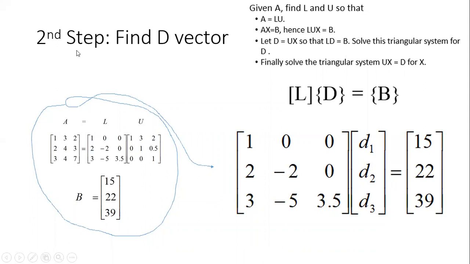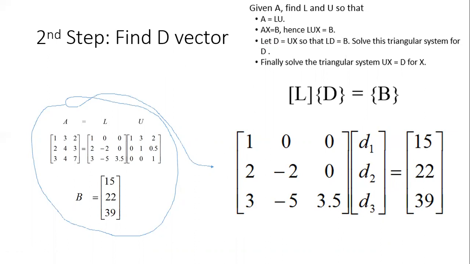So after obtaining the L and U, the second step here is to find the vector D. So recall this procedure. D here is UX, no? So that the given system of linear equations can be expressed in this form: L D equals B. We already have the value of L from the first part. This is the L value, and D here can be expressed as D1, D2, D3, since we're given three equations.